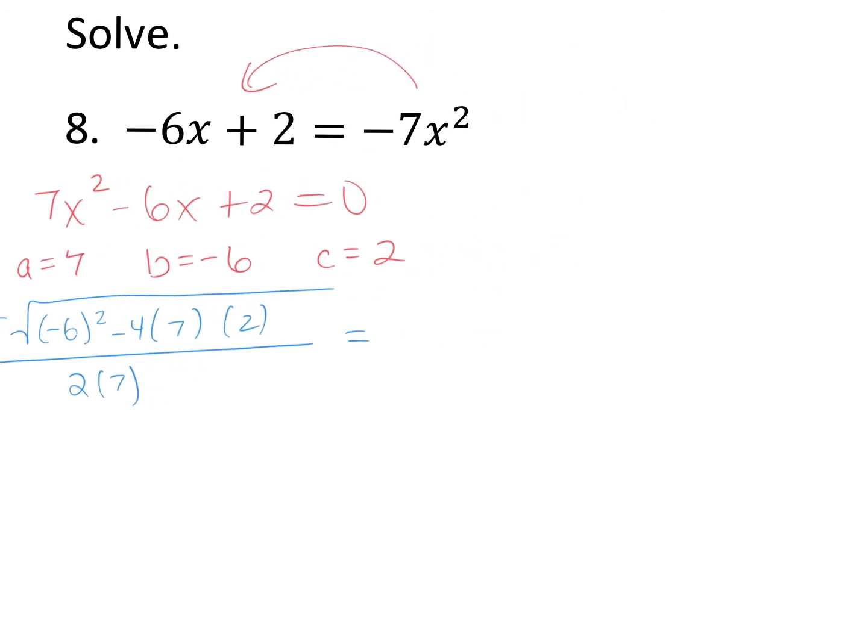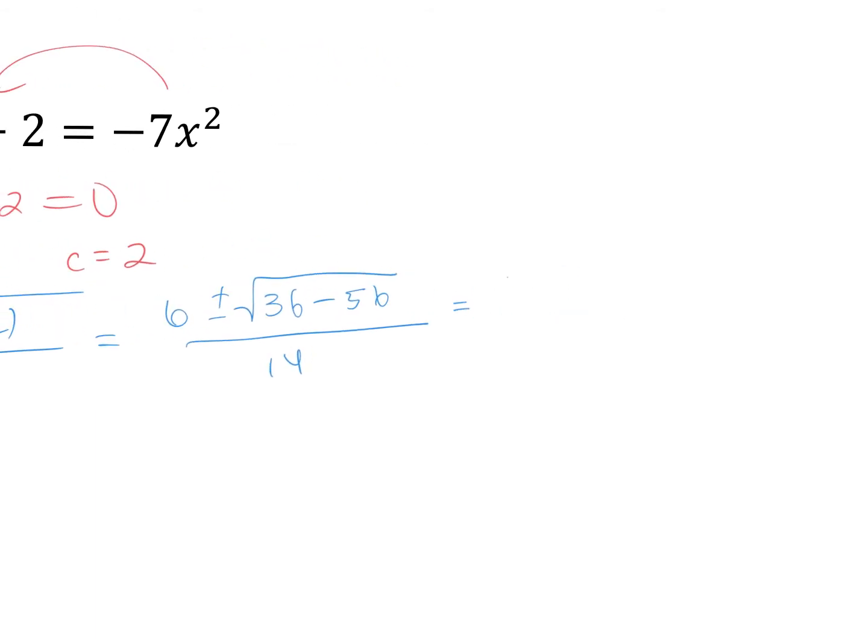Okay. So negative negative 6 gives me positive 6 plus or minus, what's negative 6 squared? 36 minus, what's 4 times 7? 28 times 2, so minus 56, over 14. Okay. Keep going. I have 6 plus or minus, what's 36 minus 56? Negative 20, over 14. Good.